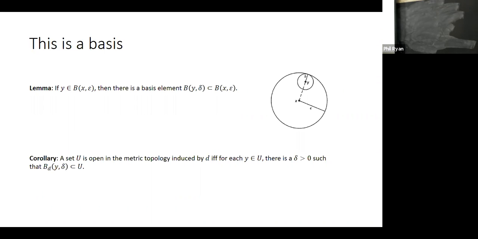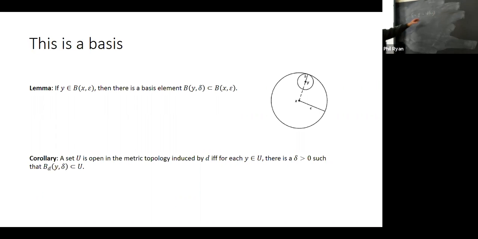This lemma will help us with that. If y is any point in a ball, then there exists a basis element lying within that ball. And so the whole thing is, you've got to find delta. And of course, delta is just going to be epsilon minus the distance between x and y.